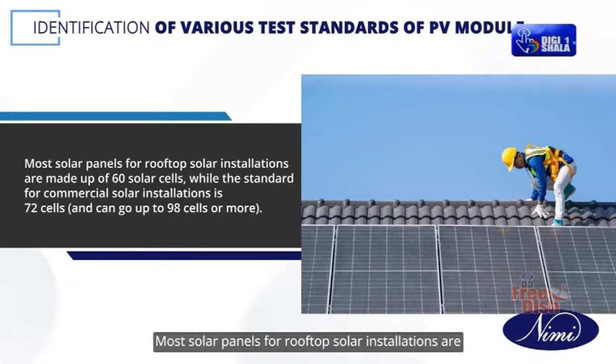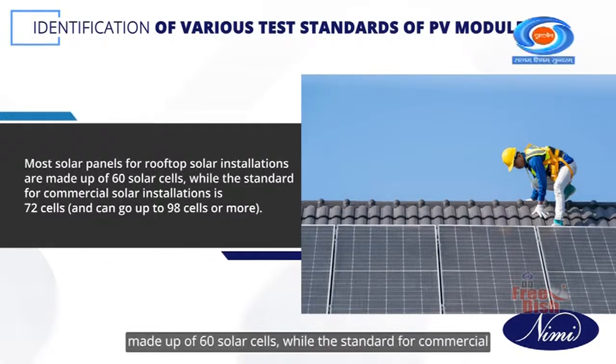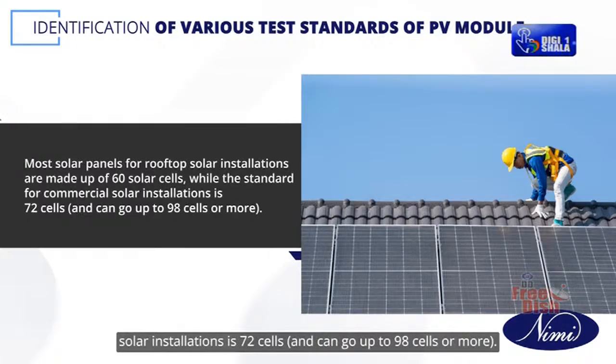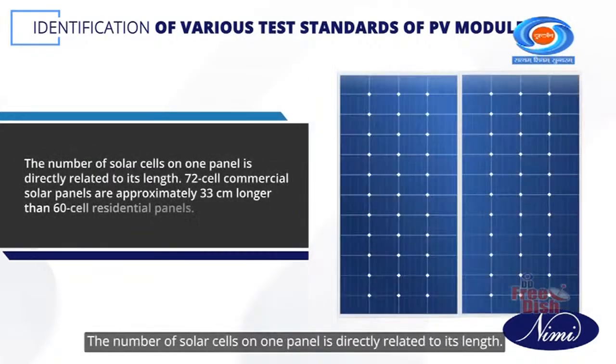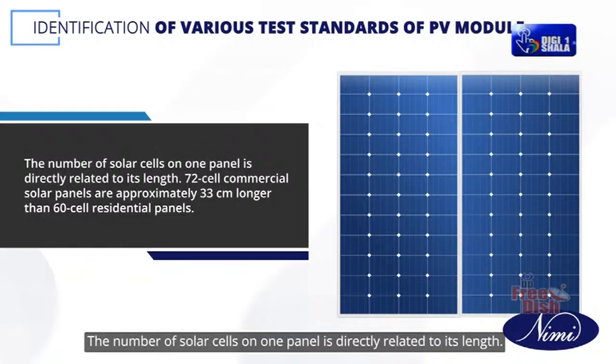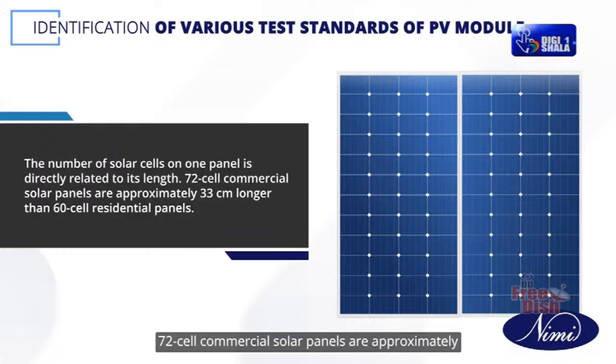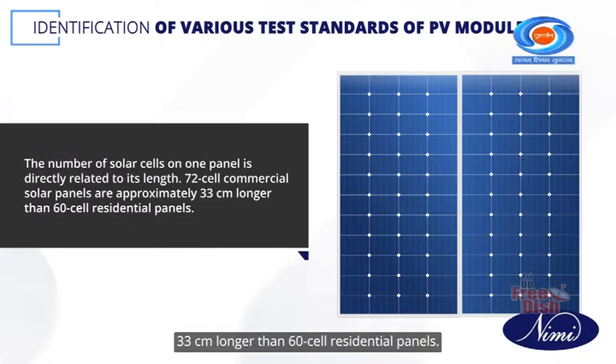Most solar panels for rooftop solar installations are made up of 60 solar cells, while the standard for commercial solar installations is 72 cells and can go up to 98 cells or more. The number of solar cells on one panel is directly related to its length.